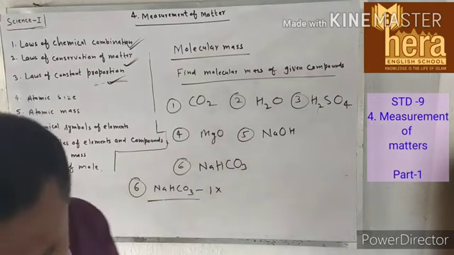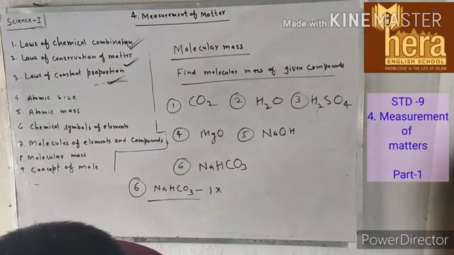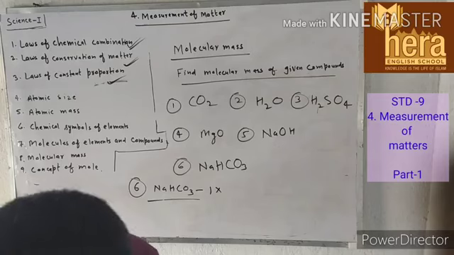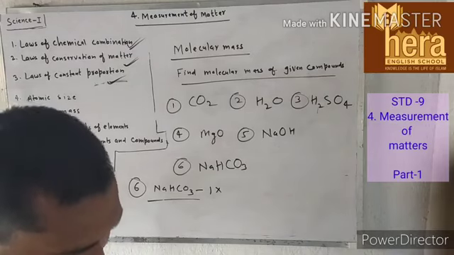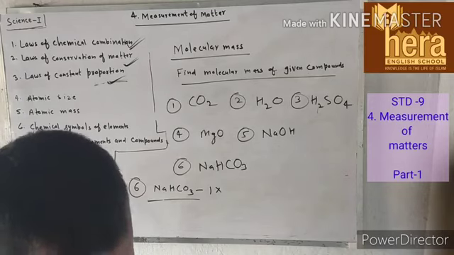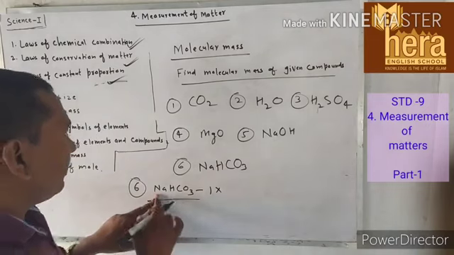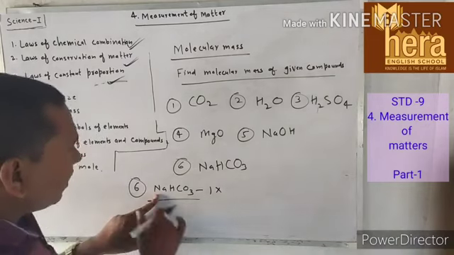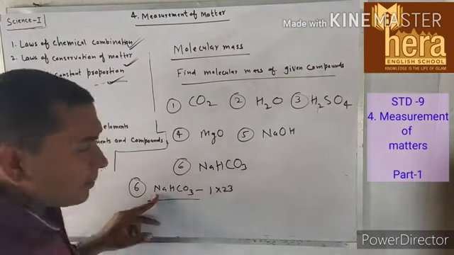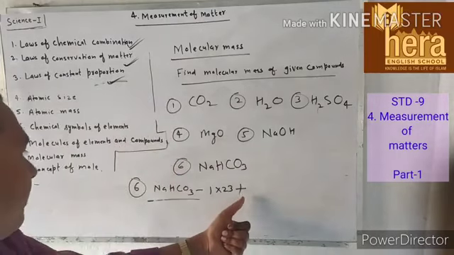Students, you can see it in the table in your textbook, page number 49. The atomic mass of sodium is 23. Then give a plus sign.